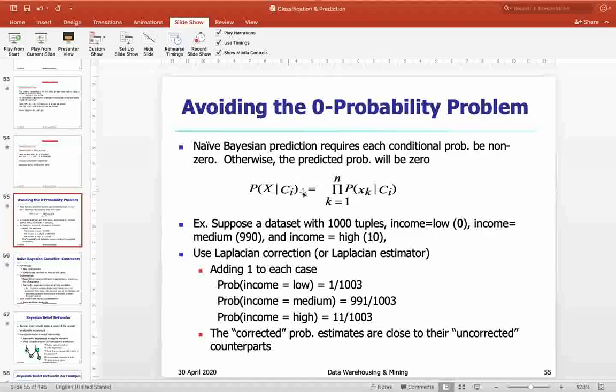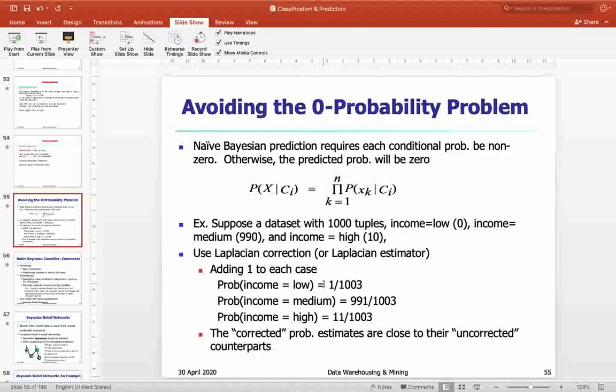Now how to correct by using the Laplacian correction? We are adding 1 to each case, right? So now the probability of income low is equal to what? How many counts are there? It was 0 before.